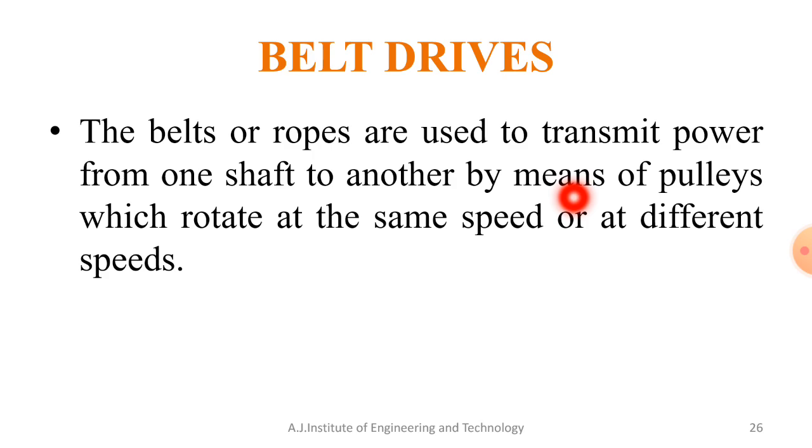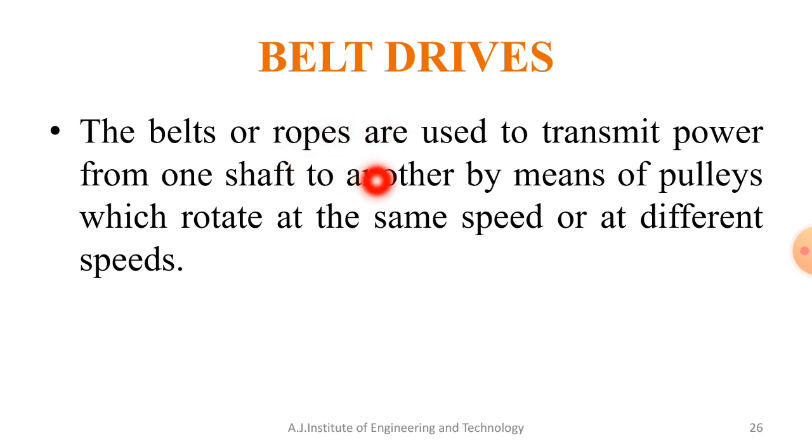That is done by means of many drives. You have belt drive, similarly gear drive, similarly chain drive. Chain drive is not in your syllabus; in our syllabus we have only two types of drive, belt drives and gear drives. First we'll discuss how we can transmit power with the help of belt drives.